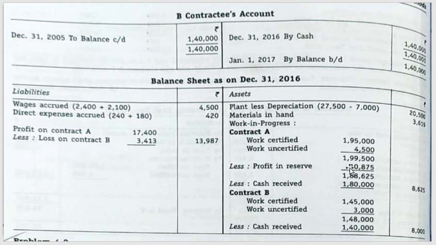So the total of it is 1,99,500. So from this amount we will minus the amount which has been received. So when you minus or less our cash received 1,80,000. Okay, here it is vice versa. First we minus the profit which has been transferred to the reserve. We will minus the profit in reserve, which is 10,875.